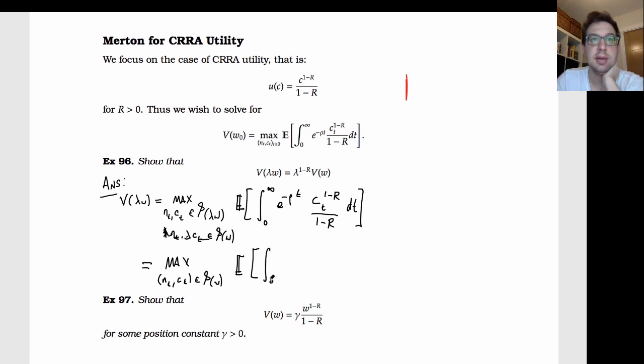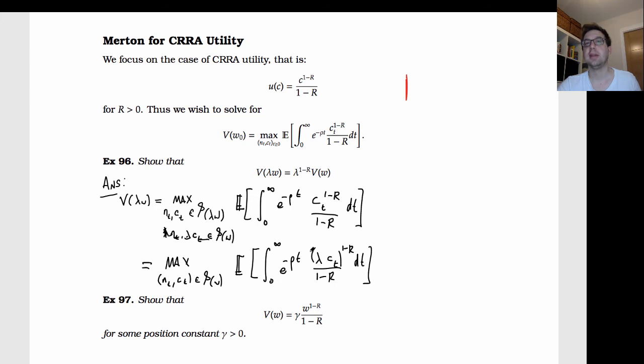Specifically, in this expression, I've got the same discount factor, but my consumption is essentially multiplied by lambda. So essentially we can say that if I double my wealth, I could just take the same investment policy, the one where I didn't have double the wealth, and just double all the numbers. Okay, that's fine.